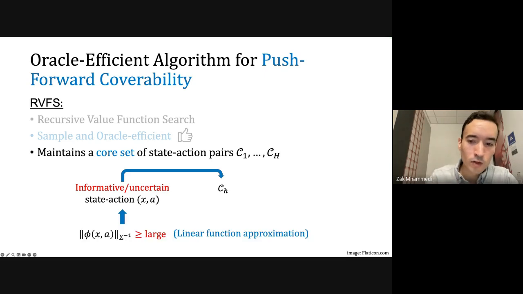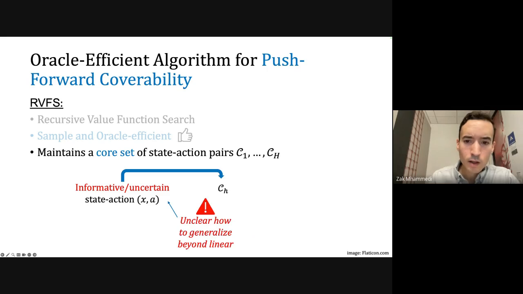In the linear function approximation setup, when you're given some feature map phi, existing approaches typically measure the uncertainty of a state action pair using an elliptical objective. In this paper, we go beyond the linear setup because we're considering push-forward coverability, which generalizes it. One of the challenges we had to overcome is how to generalize this concept of an uncertain state action pair beyond the tabular and linear setups.